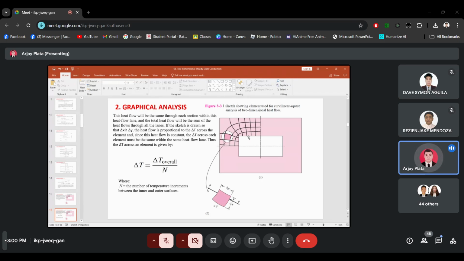So temperature increments are this one. 1, 2, 3, 4. So we have 4 temperature increments. So times 4 is equivalent to 16. So N here equals 16. Did you get it? 1, 2, 3, 4. 4 times 4. So it's 16. We have a value of N now.